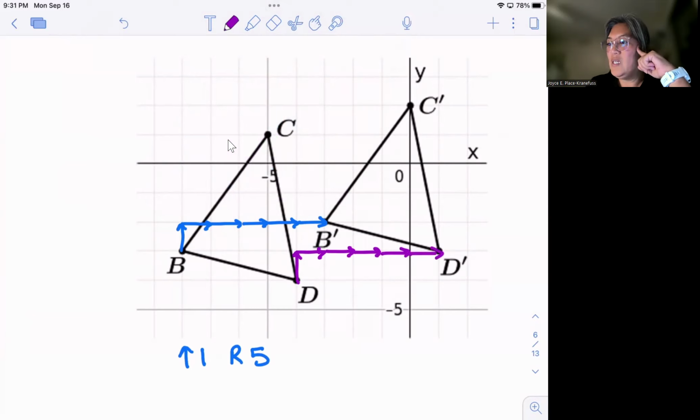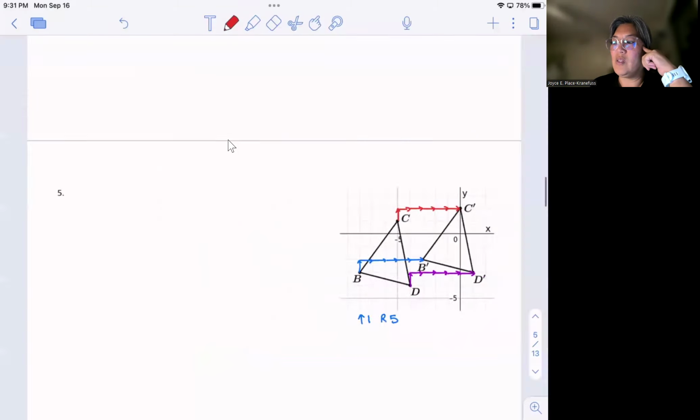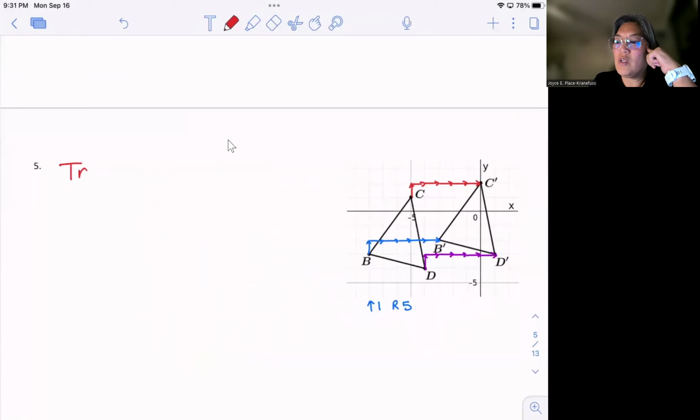Same deal for D. Let's check C. Up 1, 1, 2, 3, 4, 5. You can see that this is definitely a translation. I think translations are one of the easiest ones to see because you can just see that movement.